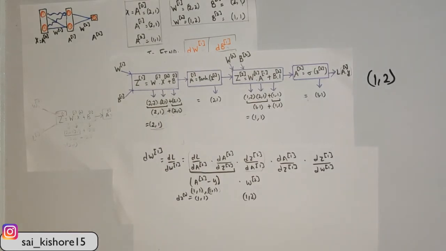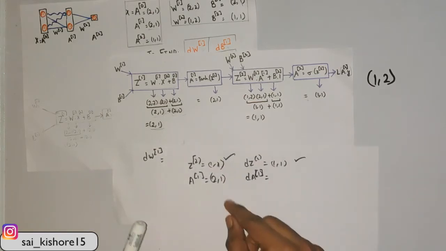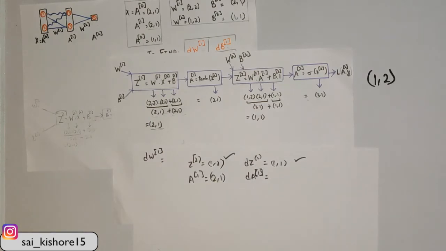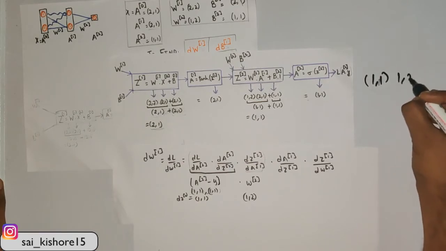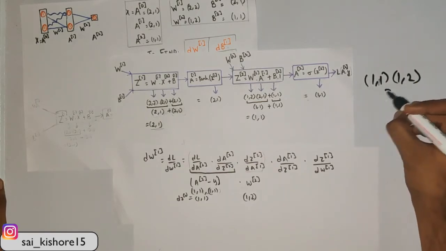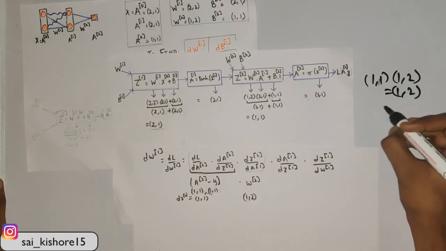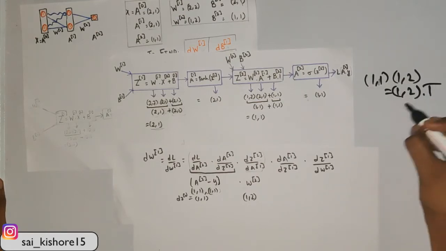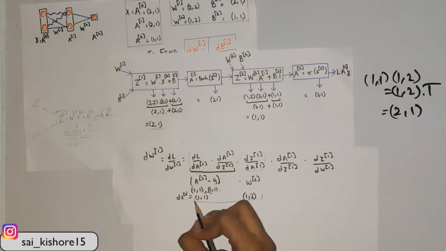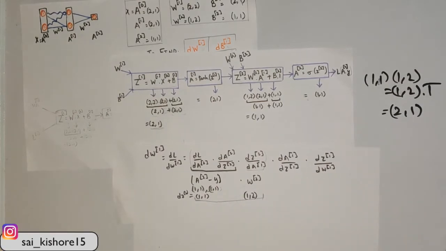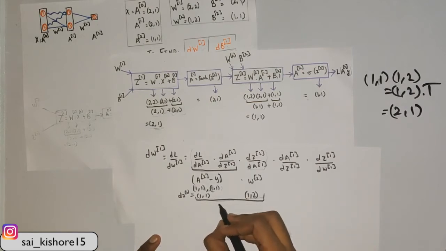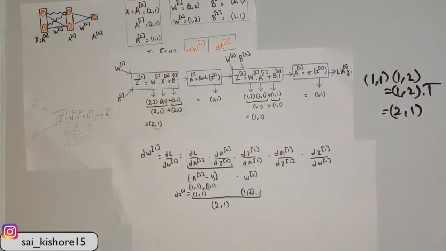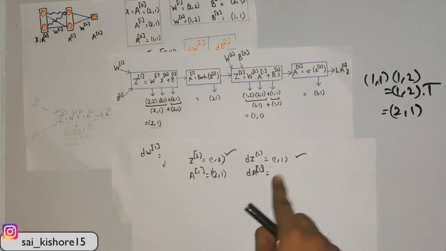But the term that we are looking for should be in the shape of 2, 1. So we can either do matrix multiplication of 1, 1 and 1, 2, which will give us 1, 2, and then transpose this to 2, 1. That way we will get this whole term to be 2, 1, which is the answer that we need.